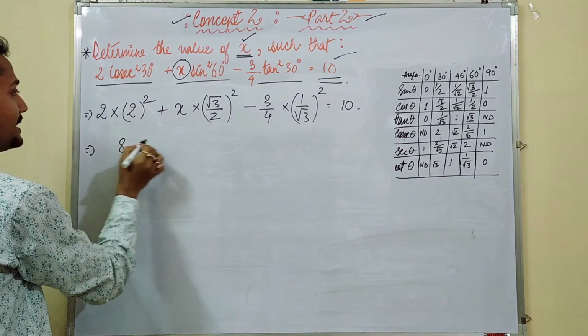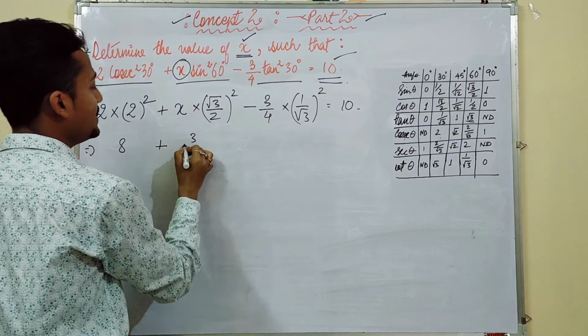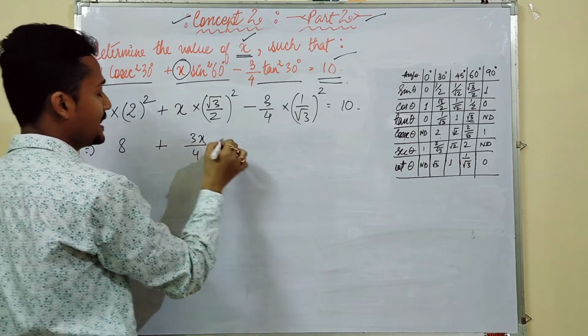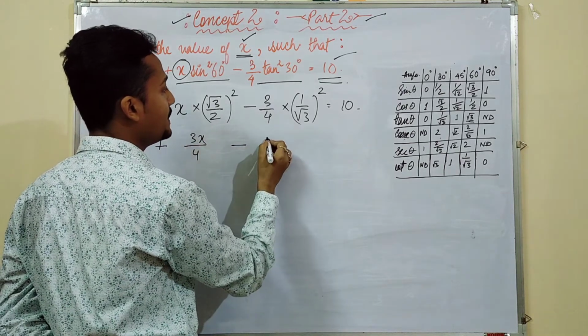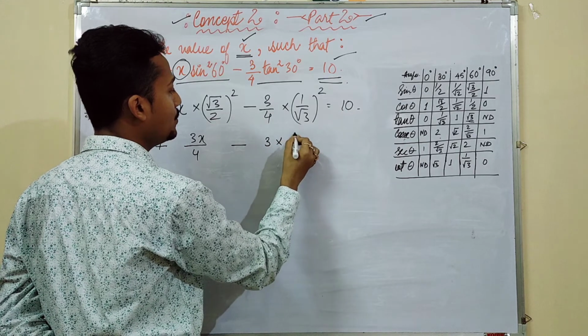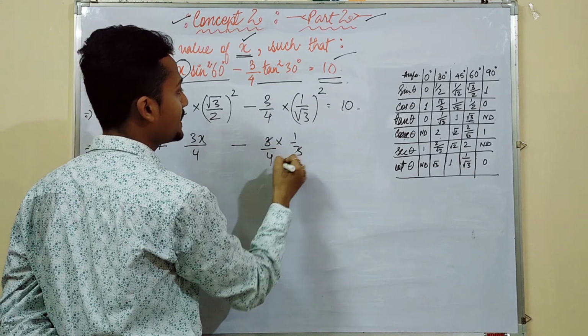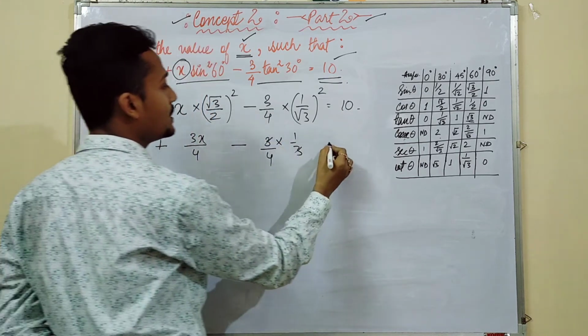Okay, so it will be 8 plus 3x by 4 minus 3 into 1 by 3 by 4, so the 3 will be cancelled, isn't it? Equal to 10.